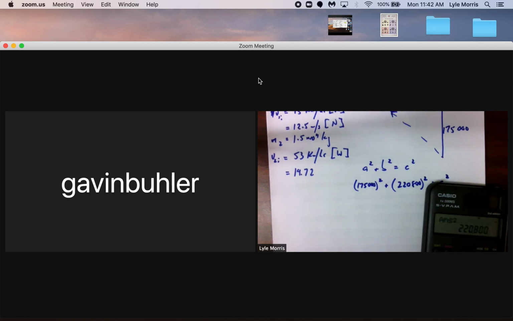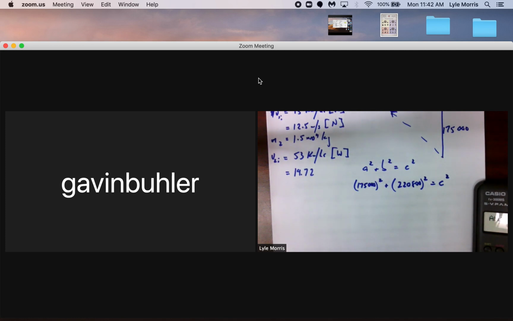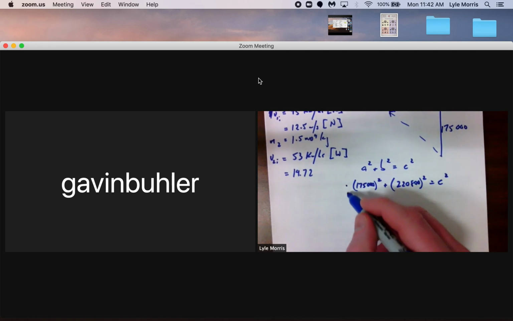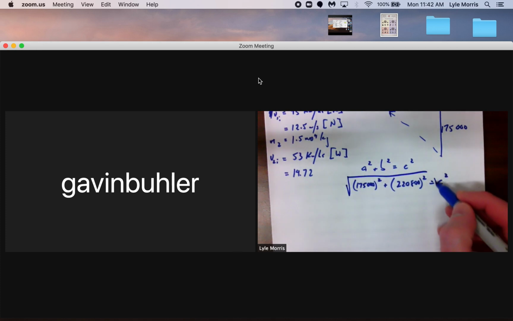That was already in my calculator. Okay, I'm going to do this in one step just because it's really big. So the root of that equals the root of that.